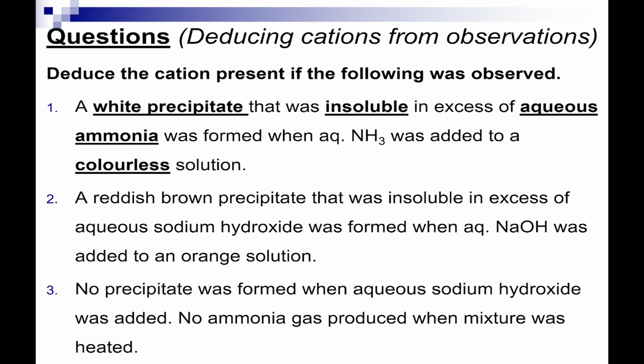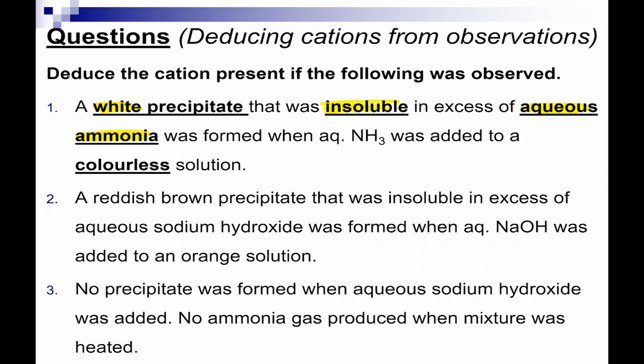Let us go through these 3 questions together. It is a good practice to highlight important information like the color of PPT, solubility of PPT in excess sodium hydroxide or aqueous ammonia, and any gas produced when heating the cation. This question forms a white PPT insoluble in excess aqueous ammonia to form a colorless solution.